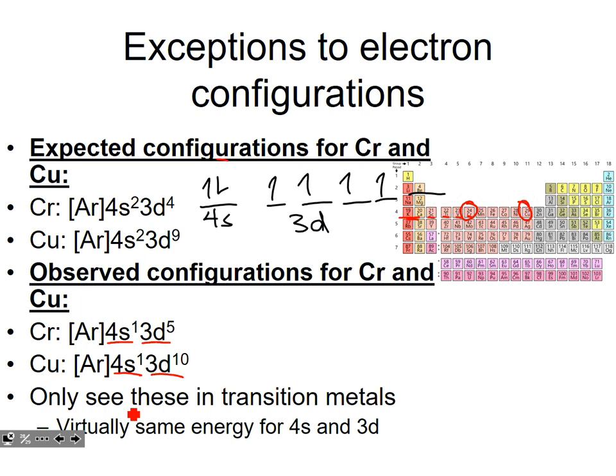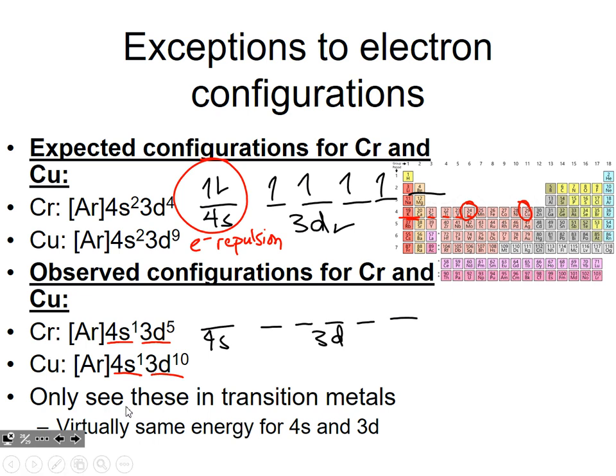But this right here, remember, is going to have some electron-electron repulsion. That is an energy cost, right? That's a higher energy state, because having two negatives in the same place, they don't want to be in the same place. And as soon as we start putting electrons in 3d, remember, the energy of 3d changes. So what we actually see is this configuration of 4s1, 3d5. Now this, I think, can be very well explained by now saying there is no electron-electron repulsion.